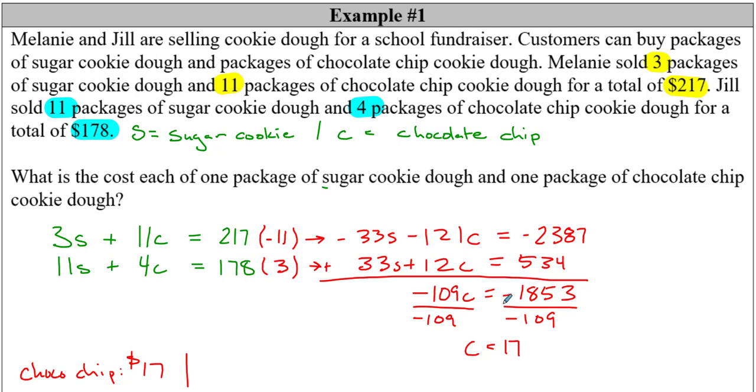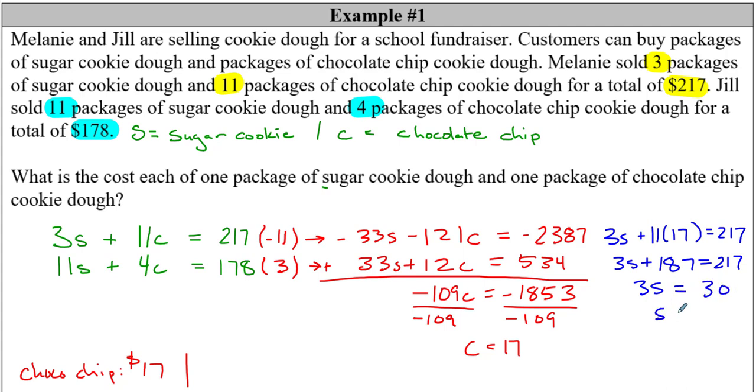So we can go ahead and substitute this 17 into either one of these equations. And I'm going to do that here. So I got 3s plus 11 times 17 is equal to 217. 3s plus 11 times 17 is 187 equals 217. 217 minus 187 is equal to 30, and I get a value of S is equal to 10.